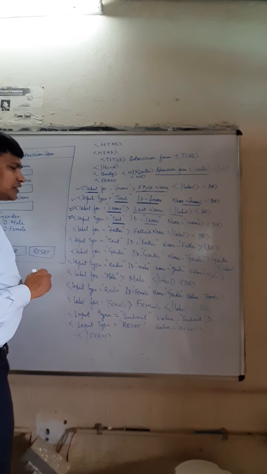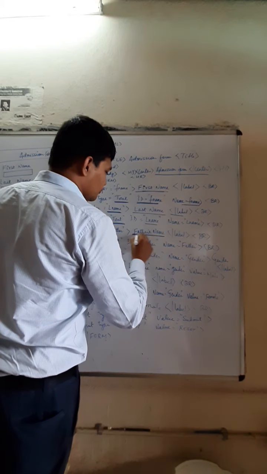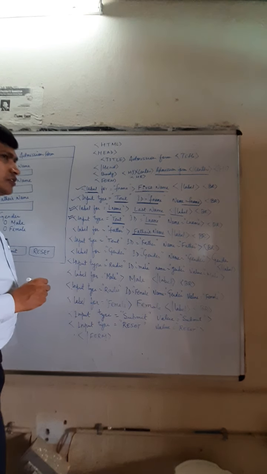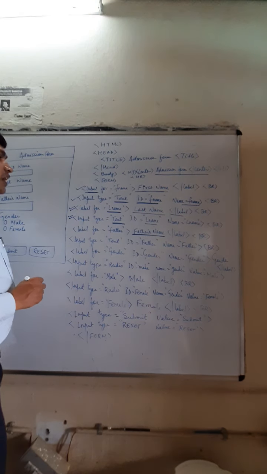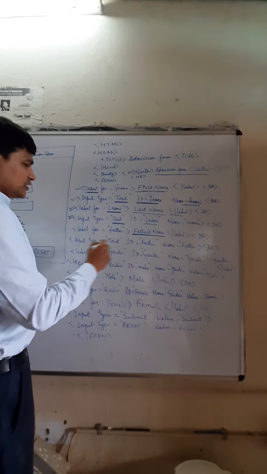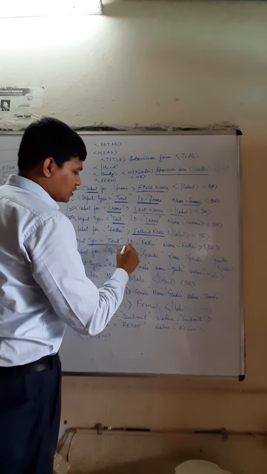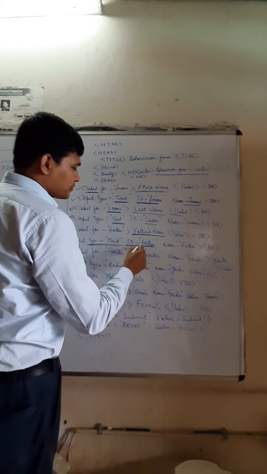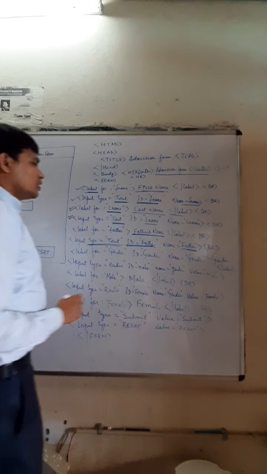And the third label I defined is to input the information related to the father's name. The father's name will be taken as input from the user in the text box, whose ID is father, and the name is father also. So you have to be clear about the 3 things.